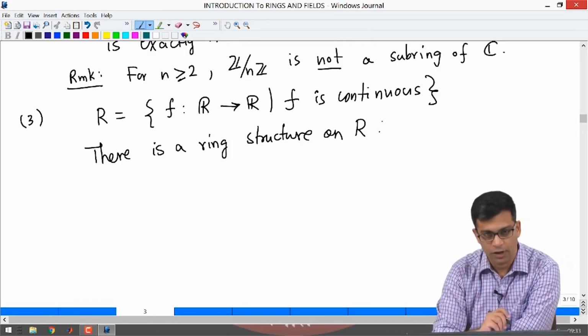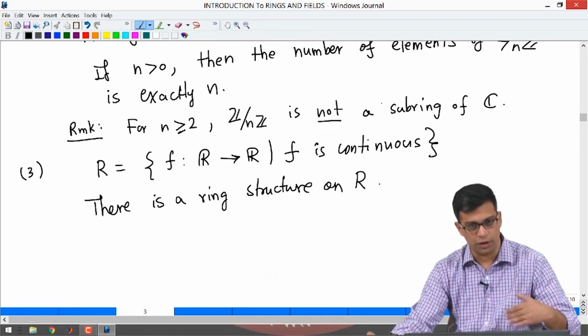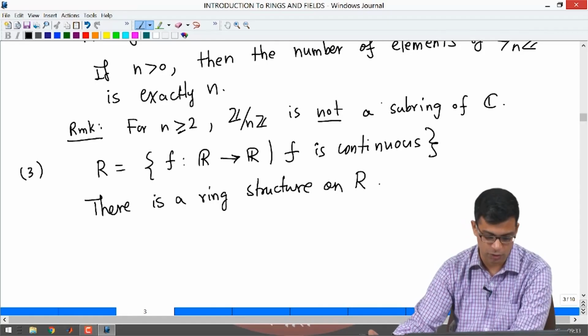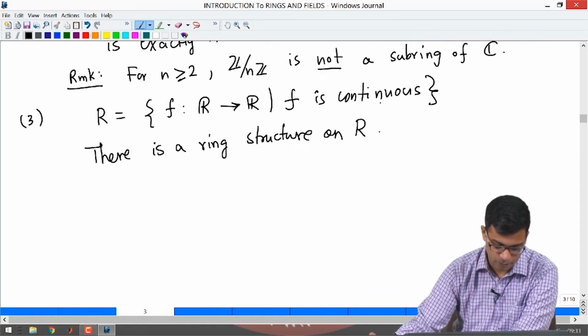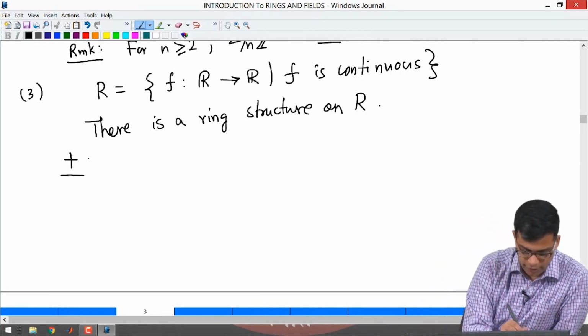What is this? Remember, we have to start from scratch here. It is not like in earlier examples, where everything was already coming from usual integers or rational numbers and so on. So, here we have to define addition and multiplication carefully. How do we define addition?